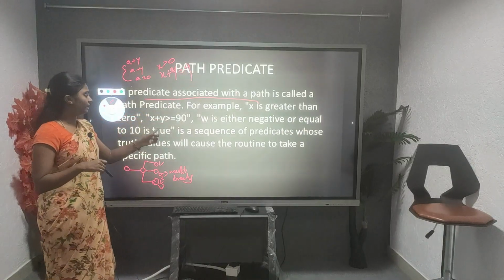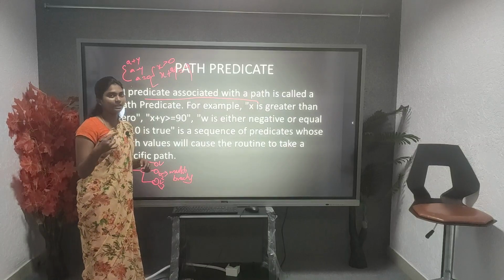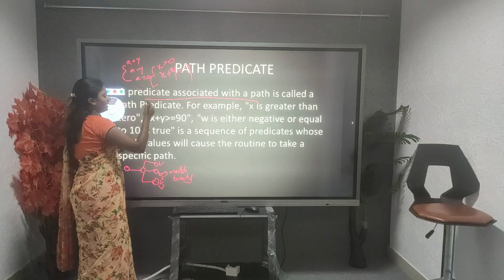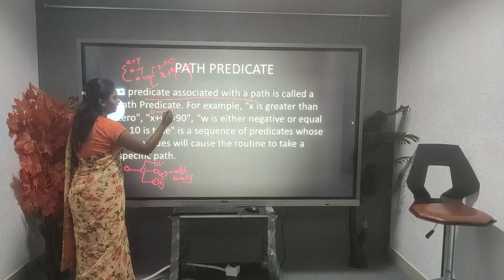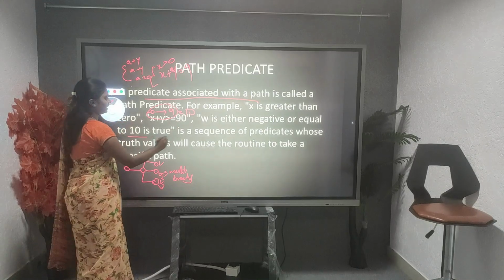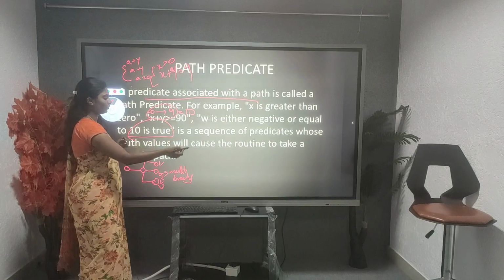These two values can be neither negative nor positive. So we derive that these are between 0 and 9, which means the total numbers are 10. So the 10 is true. We will represent the 10 as true in sequential order.